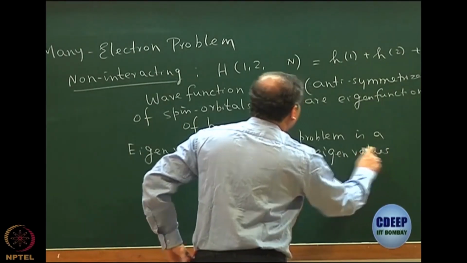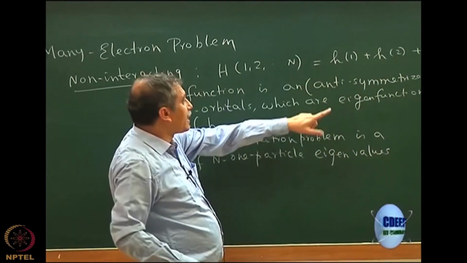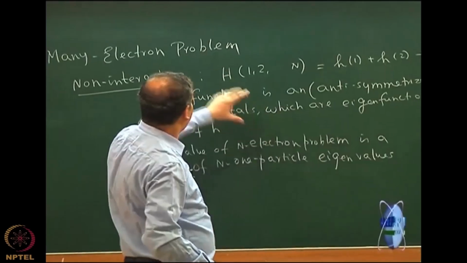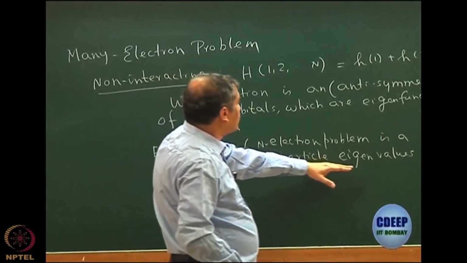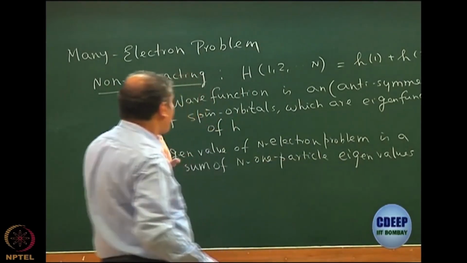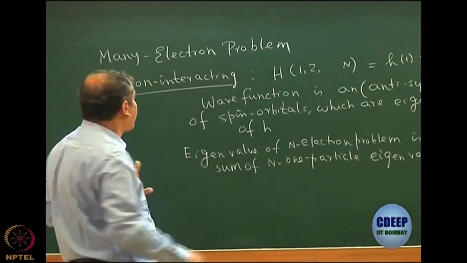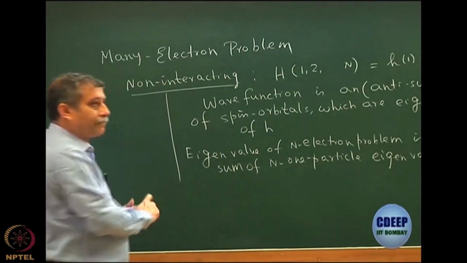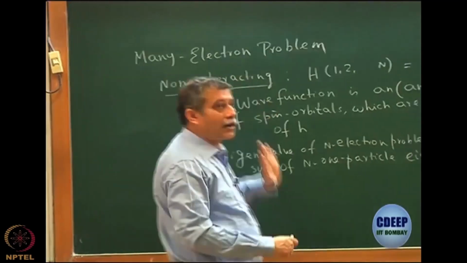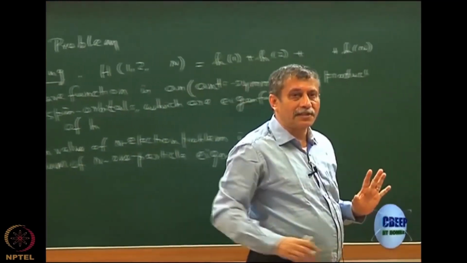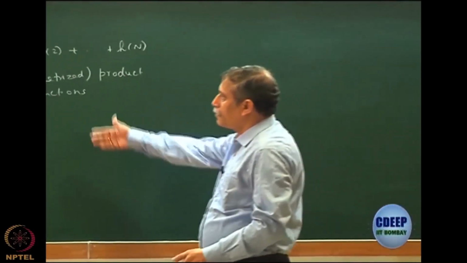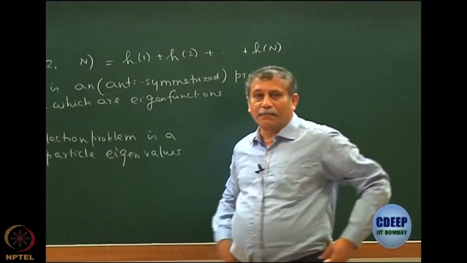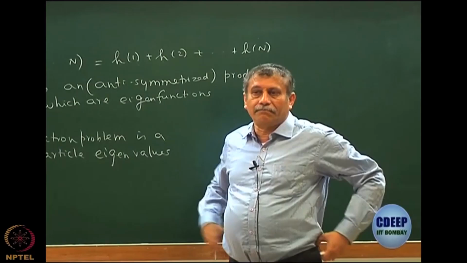Basically, you solve the one particle problem and get an eigenfunction whose product is the total eigenfunction of this Hamiltonian, and the sum of the eigenvalues is the total energy of this n electron problem. So, this is a trivial problem. This is really not called a many electron problem, because it is actually a one particle problem. It is just that from the one particle problem you can construct the n particle problem by trivial product and sum.